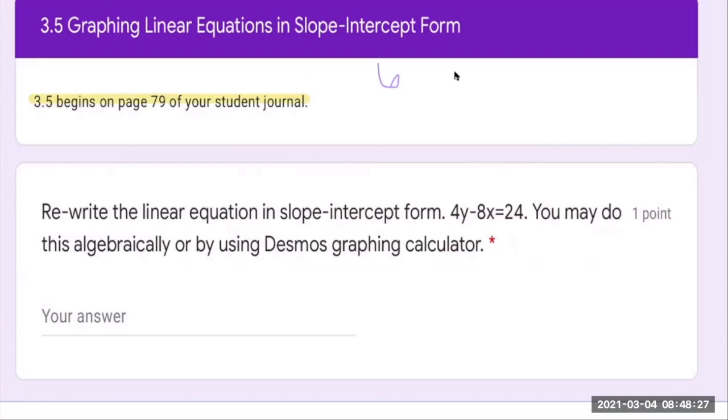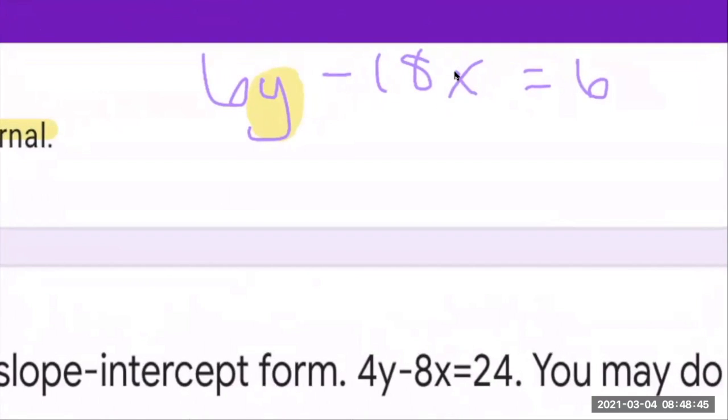So I'm going to do 6y minus 18x equals 6. The goal here is to get y all by itself. The first thing I want to get rid of is my negative 18x. I know the opposite of a negative 18x is a positive 18x, and so I'm going to add that to both sides.